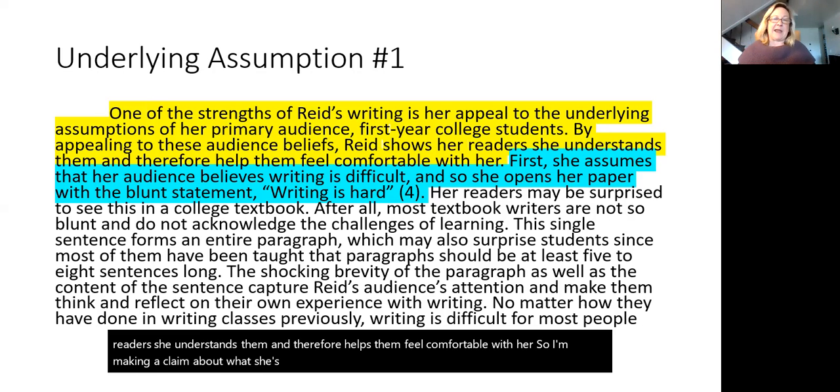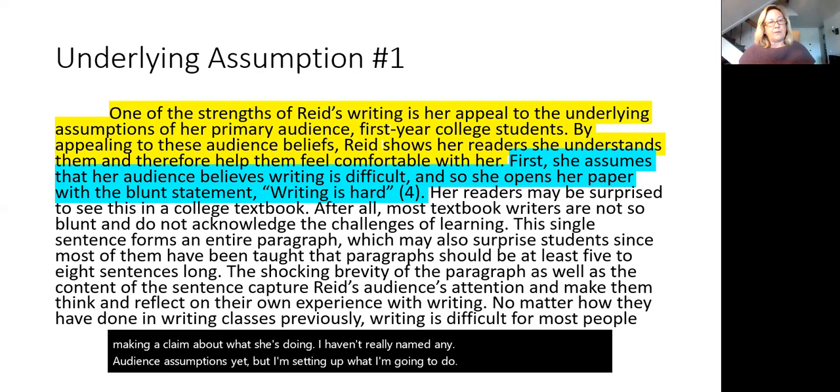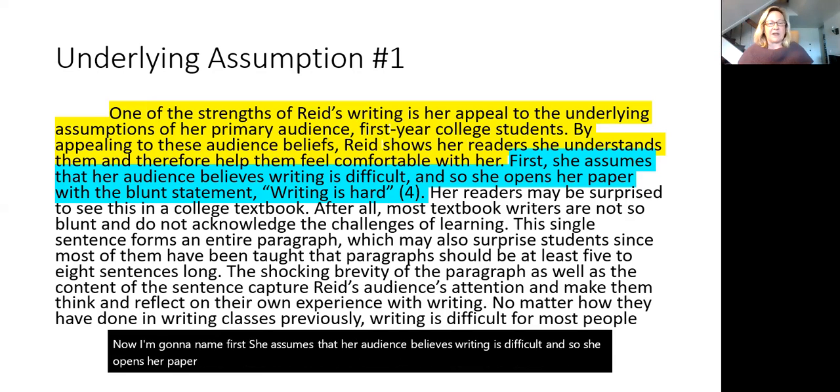I haven't really named any audience assumptions yet, but I'm setting up what I'm going to do. Now I'm going to name them. First, she assumes that her audience believes writing is difficult. And so she opens her paper with the blunt statement, writing is hard.